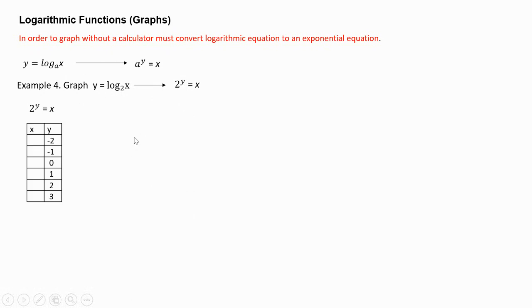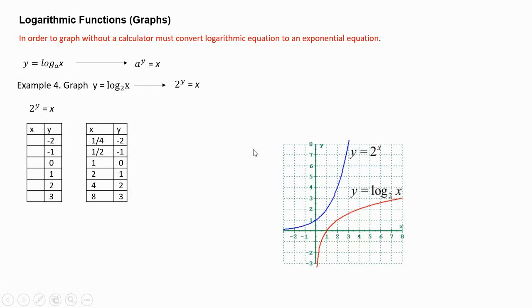But here, instead of plugging in values for the x, we're going to plug them in for y's. Because if we plug them in for x, it's going to be kind of difficult to solve for y. It can still be done, but it's going to be a tedious process. So that's why we plug in the values for y as the exponent. And again, this is similar to what we did last time, right? So when we plug in negative 2 here, guys, it's going to be 1/4.